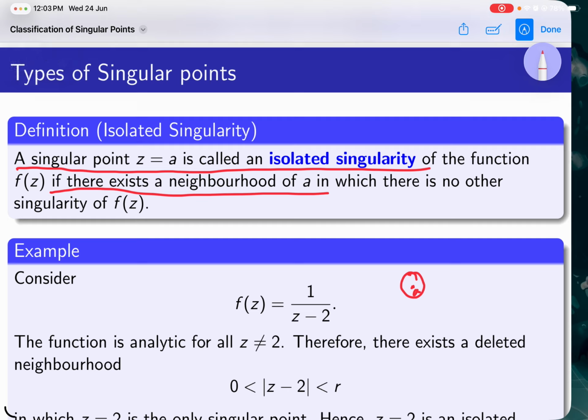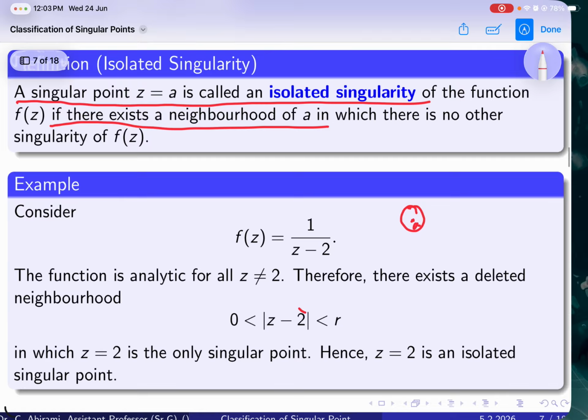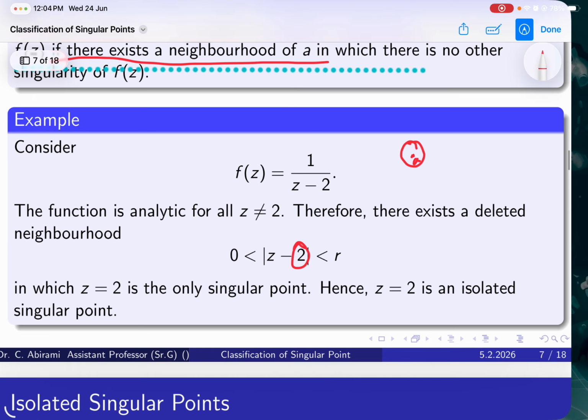For example, f of z equal to 1 divided by z minus 2. The function is not analytic only at z equal to 2. Therefore, there exists a deleted neighborhood, where deleted means the particular point is not included, in which z equal to 2 is the only singular point. Therefore, z equal to 2 is an isolated singular point. That means the neighborhood of the point z equal to 2 does not contain any other singular points other than 2.